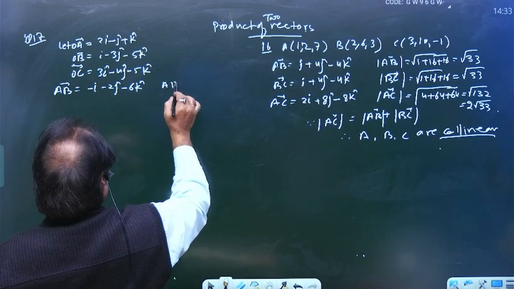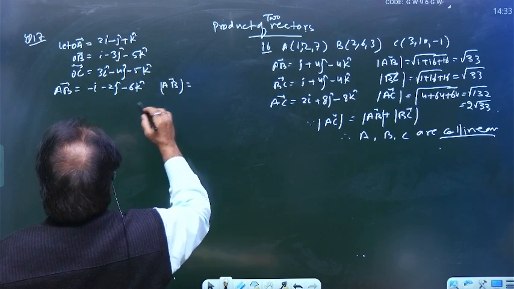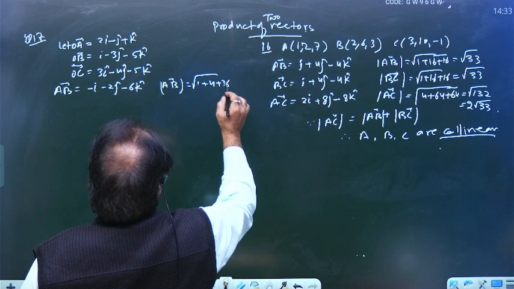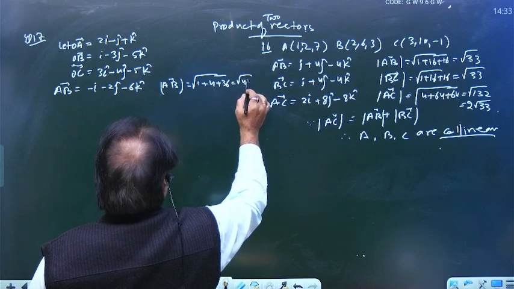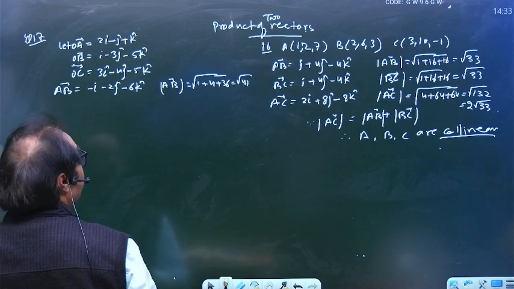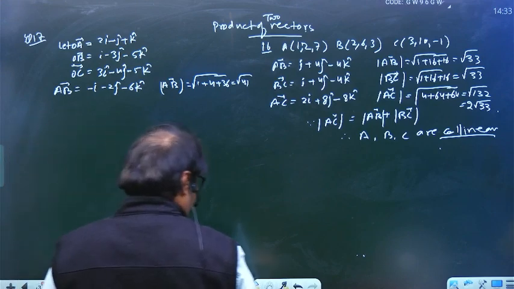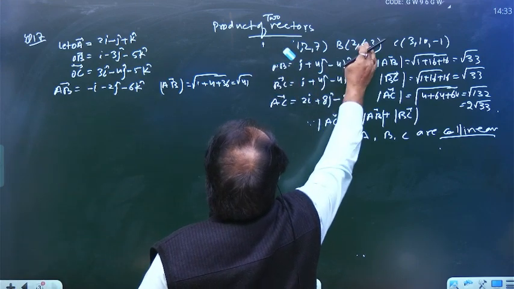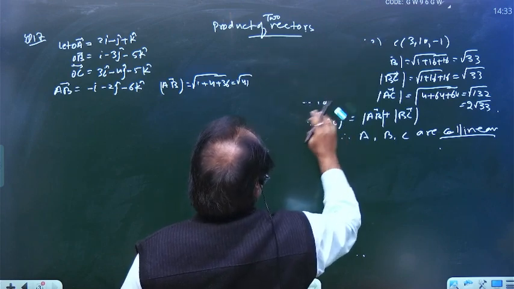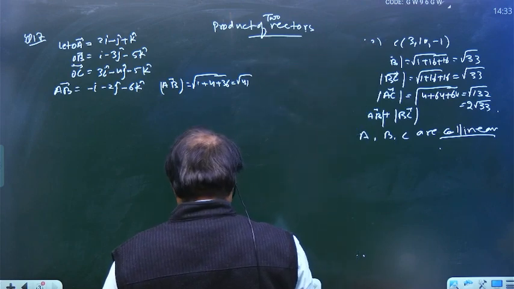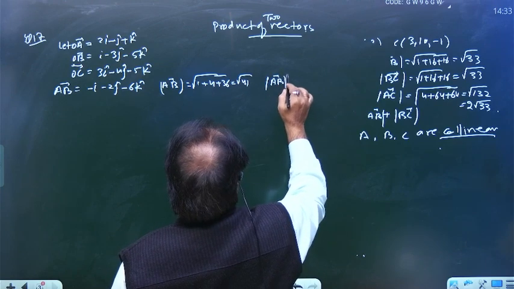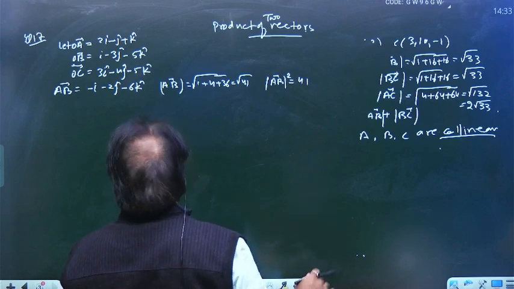So magnitude of AB is equal to root over of 1 plus 4 plus 36, that is root over 41. Then find the magnitude of AB square also, because we have to show that it is a right angle triangle. So magnitude of AB square is equal to 41.